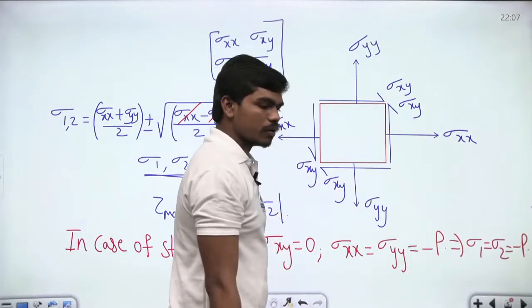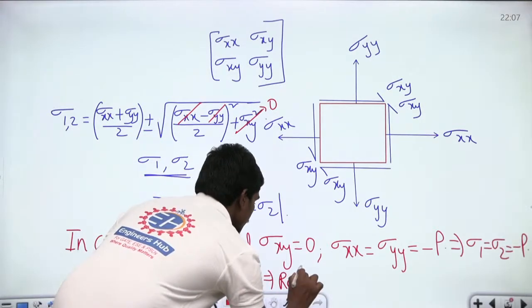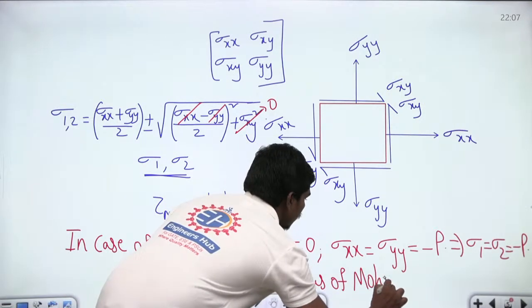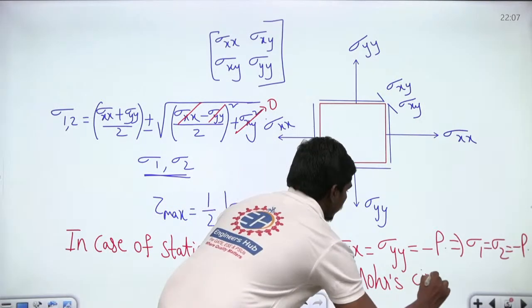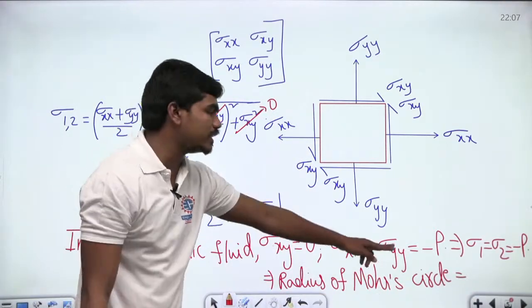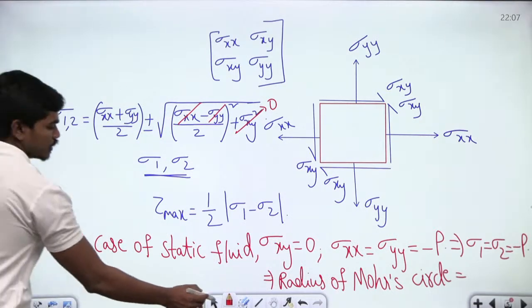In that case, what will be the radius of the Mohr circle? If sigma 1 is equal to sigma 2, the radius of the Mohr circle is nothing but tau max, correct?